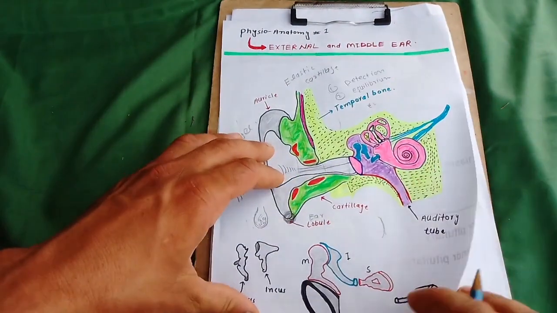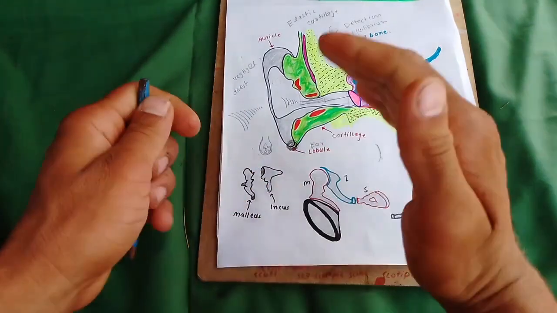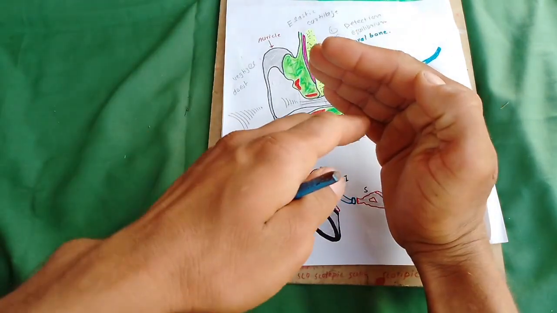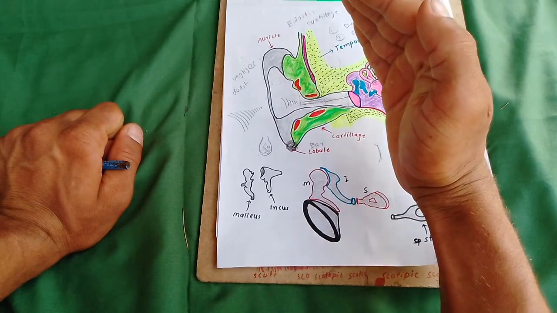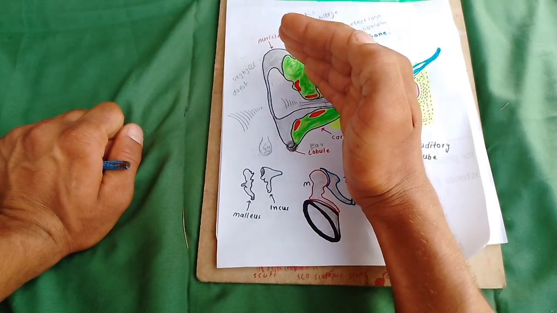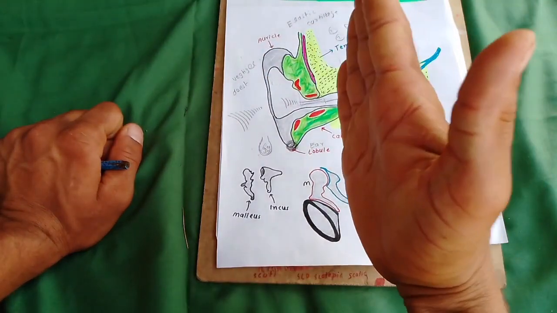The eardrum is concave, and it faces laterally and anteriorly. This is the eardrum.